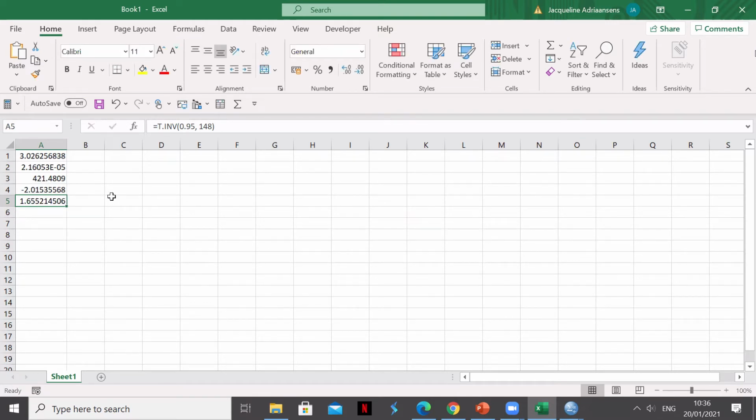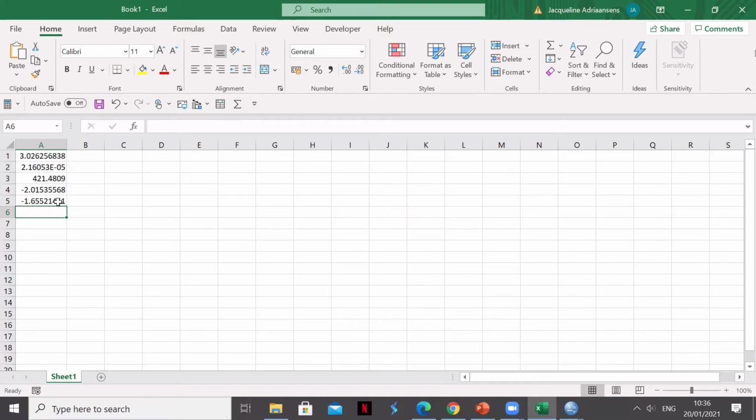Because I got a negative value for the statistic, but a positive value for a critical value. So what did I do wrong? I should have put a minus here. And why should I put a minus here? Because it's a lower tailed test. And remember, Excel always calculates it to the left. So I did an upper tailed test and I should have a lower tailed test.